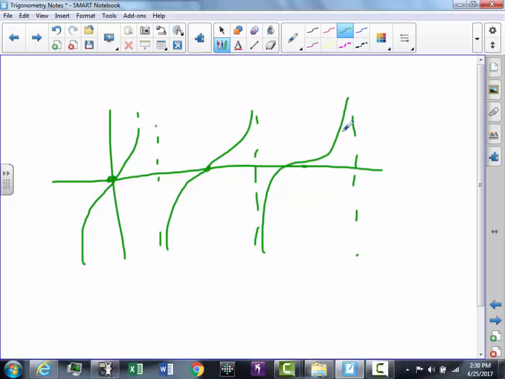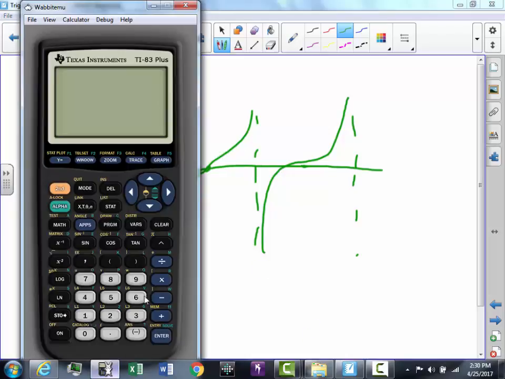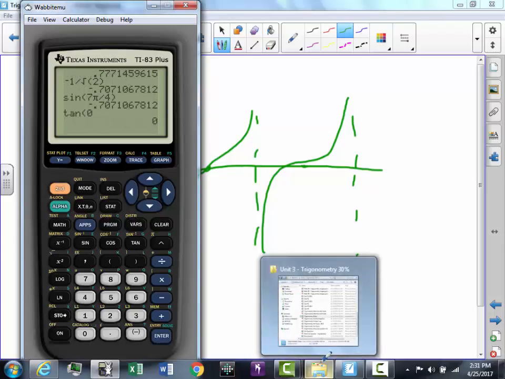Tan is sine divided by cosine. So take a look at this. Sine is 0 divided by 1. 0 divided by 1 is 0, which is why tan of 0 is 0. Right? And again, if you go to a calculator and try typing it in, tan of 0 is 0. This 0 divided by this 1 is 0.